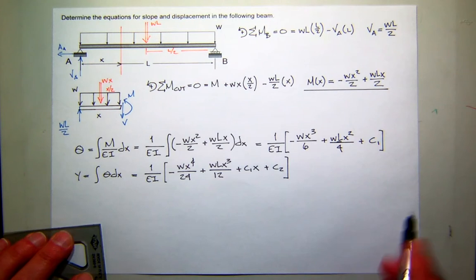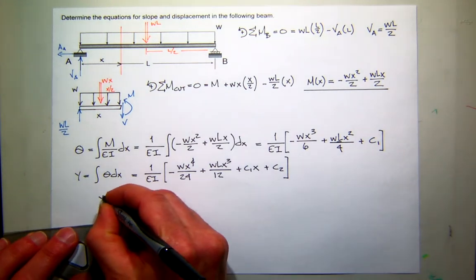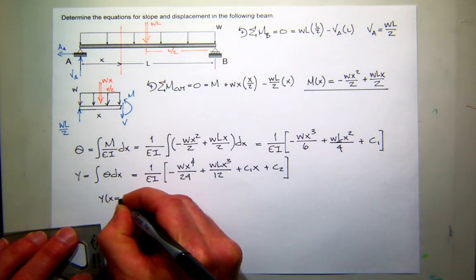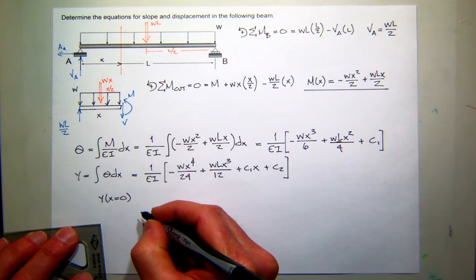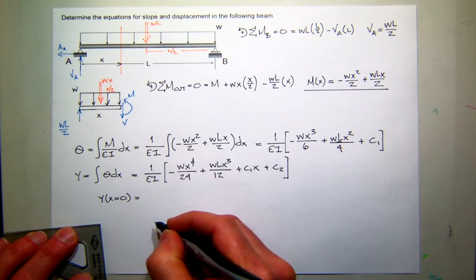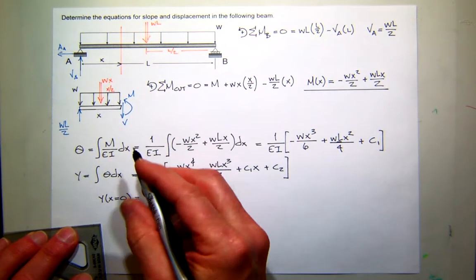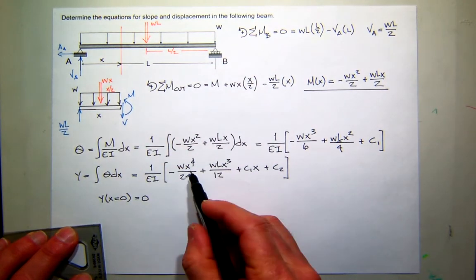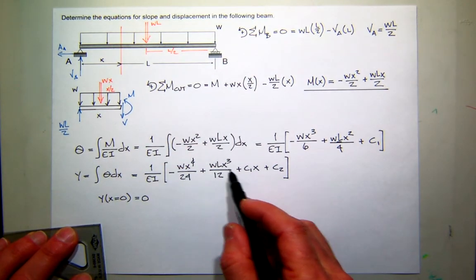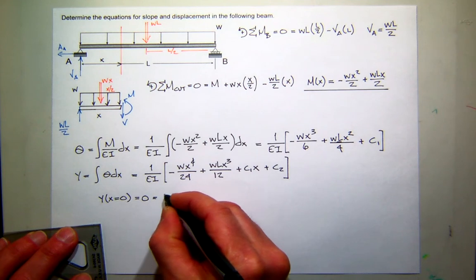So let's do that. I know that the displacement at x equals 0, which is point A. What is the displacement there? 0. So I plug in x equals 0 here. 0, 0, 0. What do I get? C2.